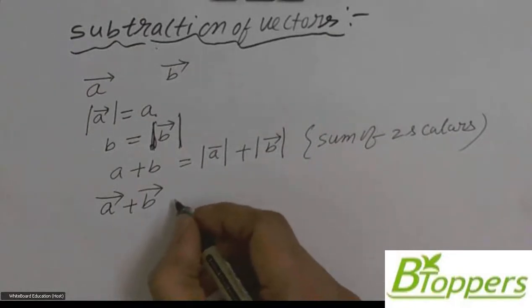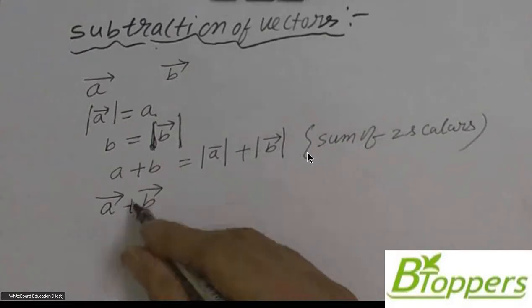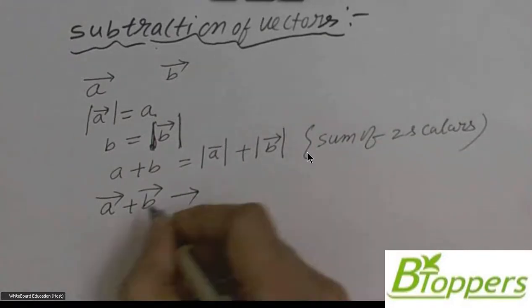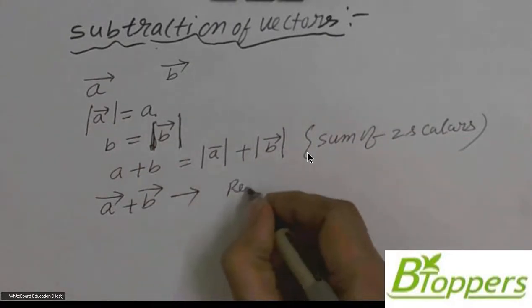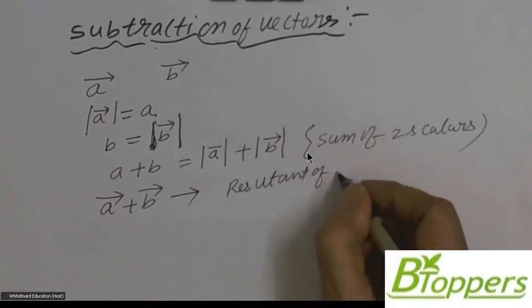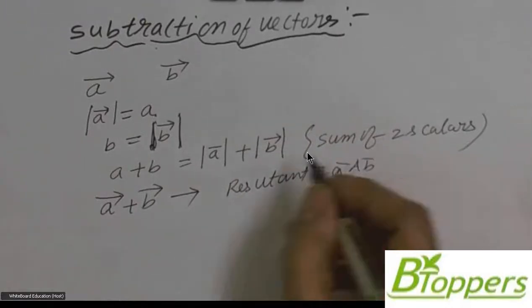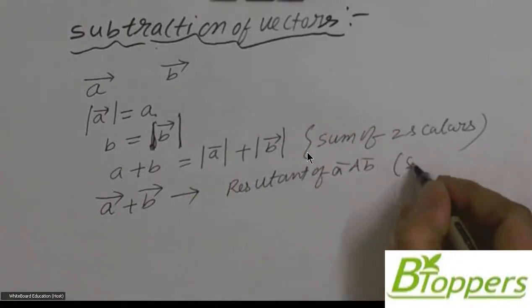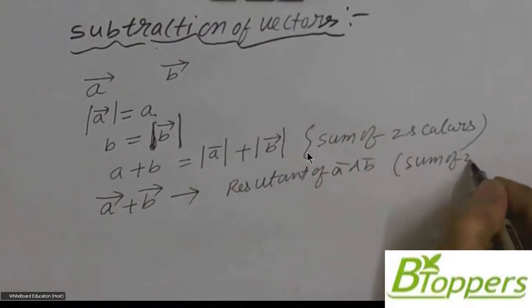Sum of two vectors means the resultant of the two vectors. So whenever I write A bar plus B bar, as I told you in the past, make it a habit to read it as the resultant of A bar and B bar. So A plus B means the sum of two scalars. A bar plus B bar means the sum of two vectors.